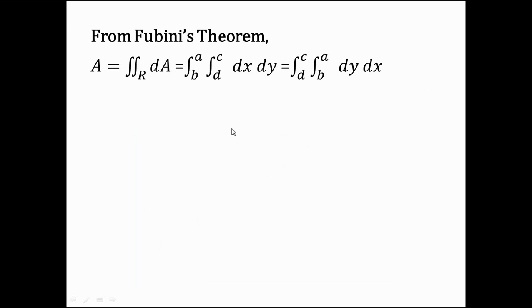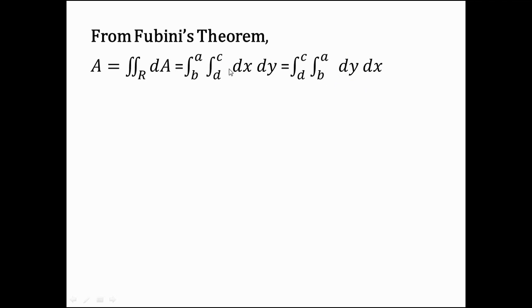We have seen that the formula to find the area is equal to the double integral with respect to dA over the region R. From Fubini's theorem, we can write it in this form or this. In this form, we do the integration with respect to dx first and then to dy, while in this form we do the integration with respect to dy first and then to dx.